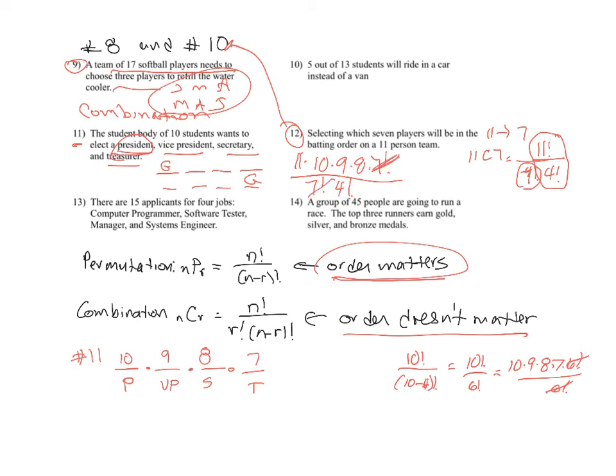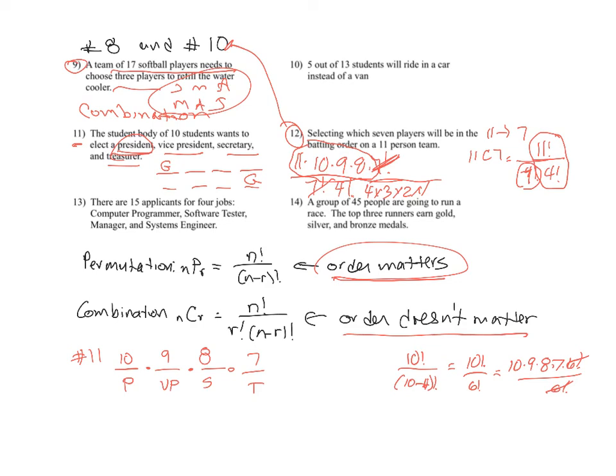So the 7 factorials will divide out. So we'd have 11 times 10 times 9 times 8, and then we would divide that by 4 times 3 times 2 times 1 to determine how many different groups of 7 would play out of these 11.